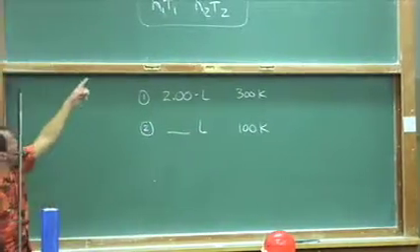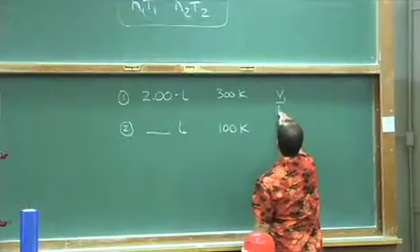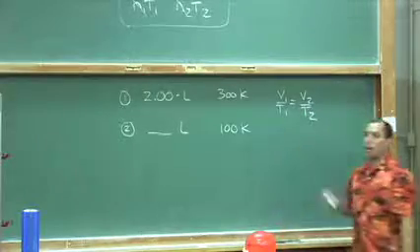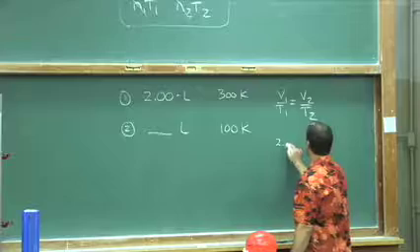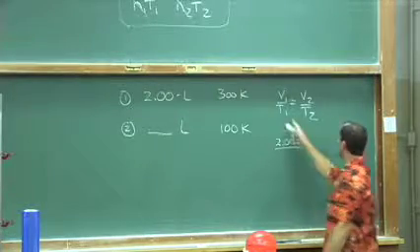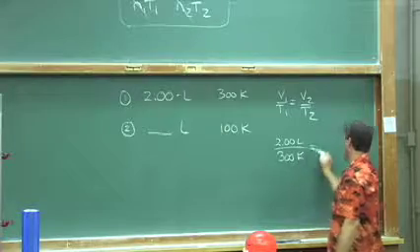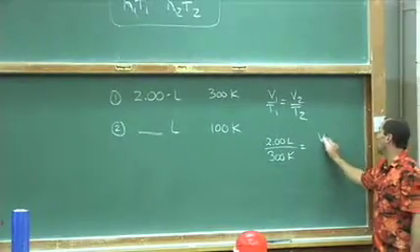Well, let's set this thing up. We have V1 over T1 is equal to V2 over T2, and we'll plug in our knowns. Volume at the beginning, 2.00 liters. The temperature at the beginning, 300 kelvins. Volume afterwards, I don't know, let's call it V2.